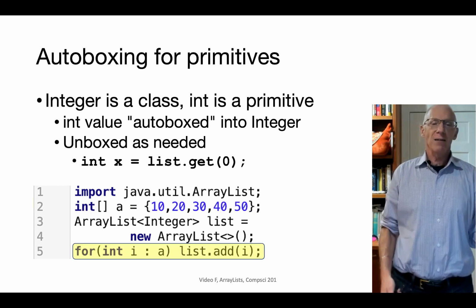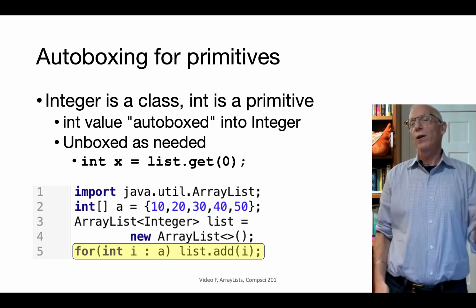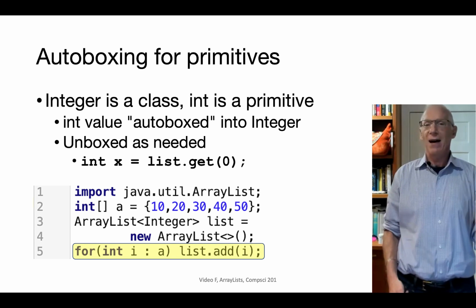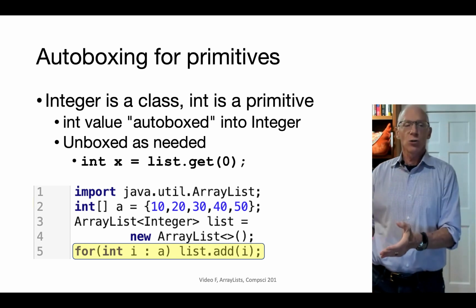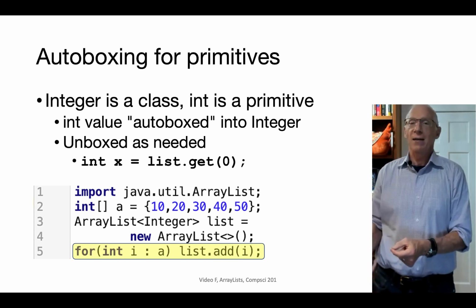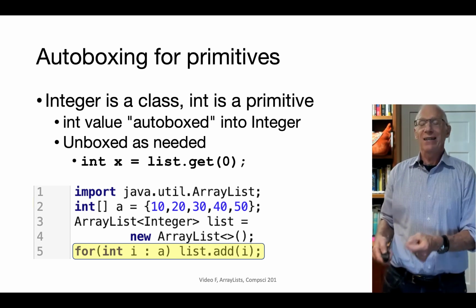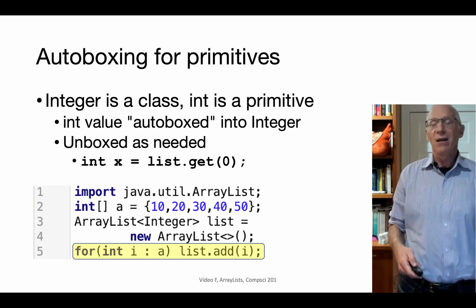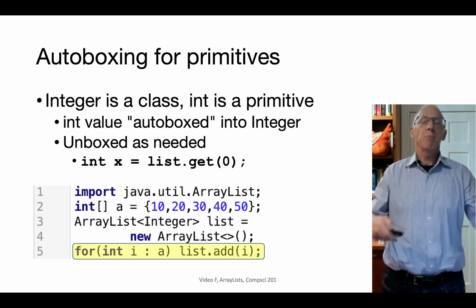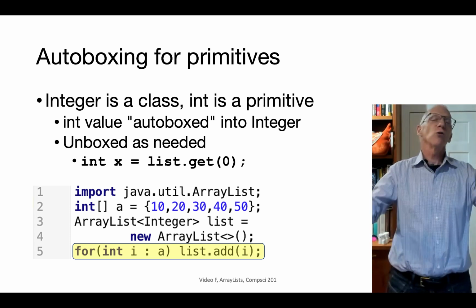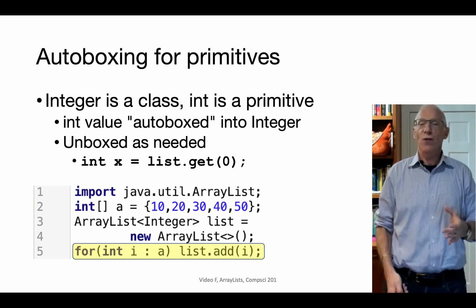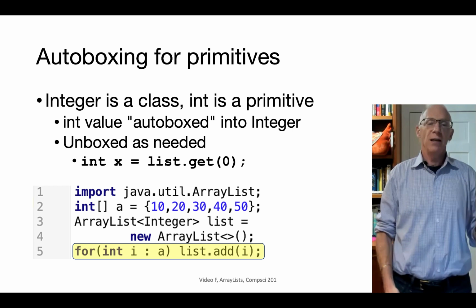So I create the array list and then I loop over the array with primitive types. We can see in the for each loop int i, and I add those to list using list.add. Now the parameter here i is an int, but the array list stores Integers. The i is automatically boxed or converted or used to create an Integer object. That works fine for int to Integer.